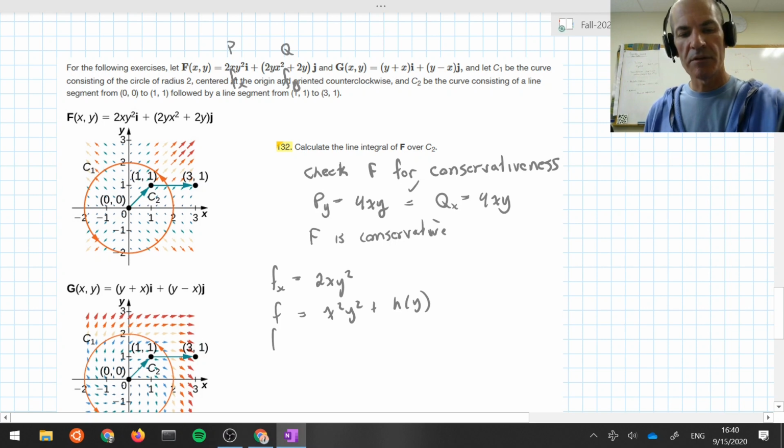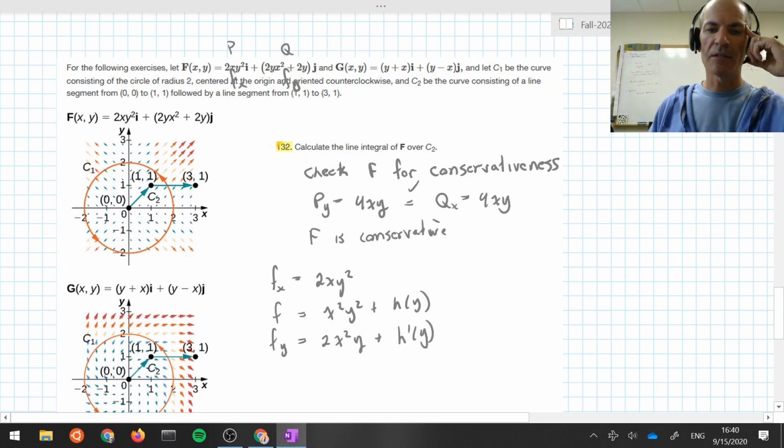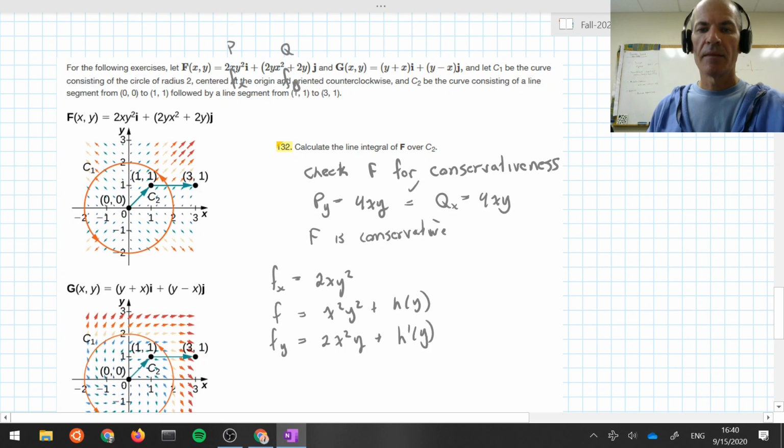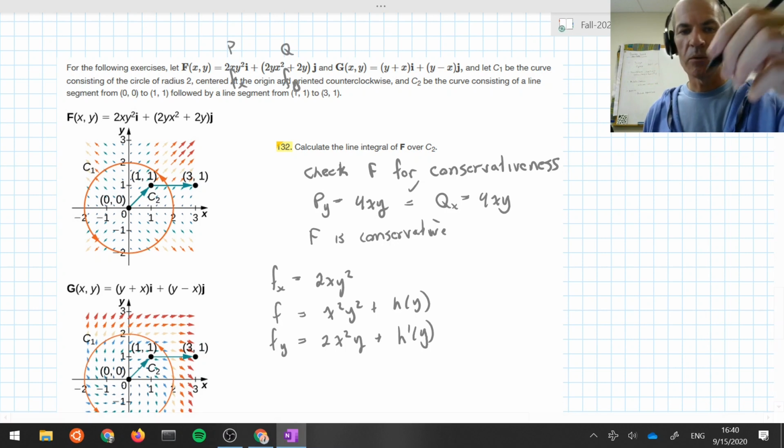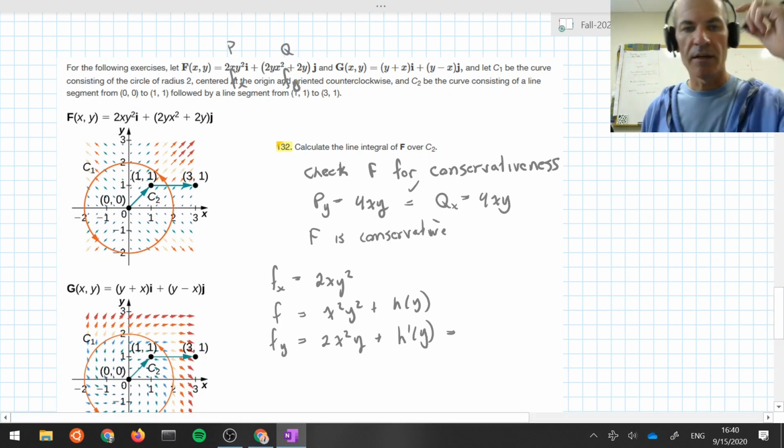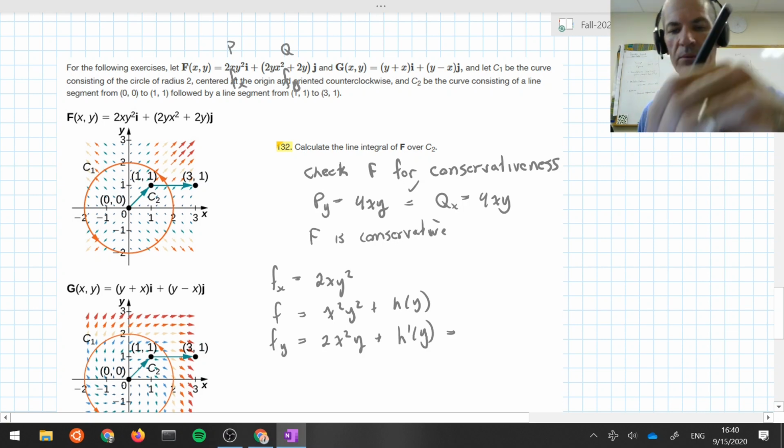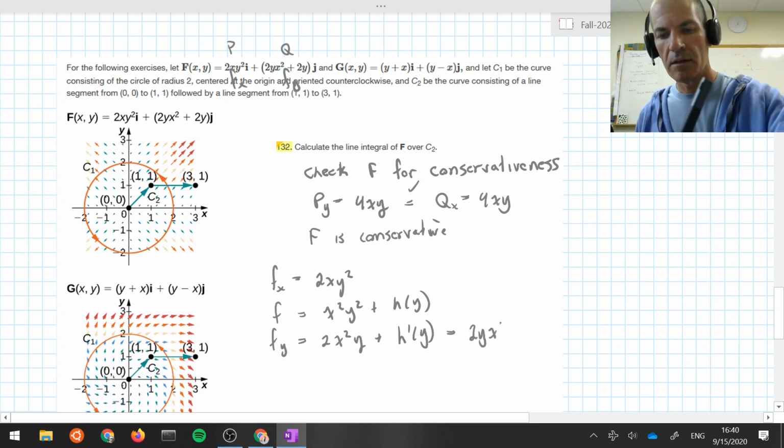Now we're going to take the derivative of f with respect to y. We get 2x squared y plus h prime of y, the derivative with respect to y. That, on the other hand, had better equal the other side, 2yx squared plus 2y.